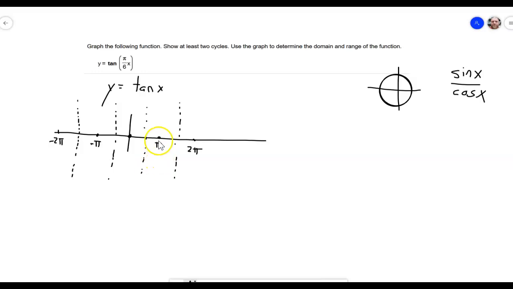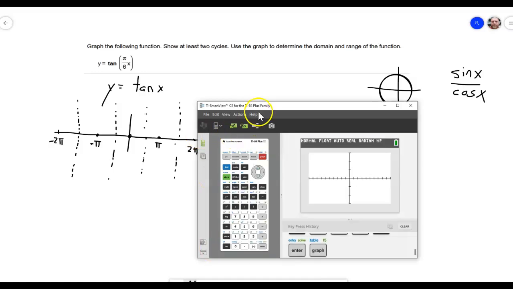The only thing we really need to do is see which way the graph approaches once it leaves these intercepts. To do that, we can put in values and see whether it's getting closer to positive infinity or negative infinity. Let's use our calculator.